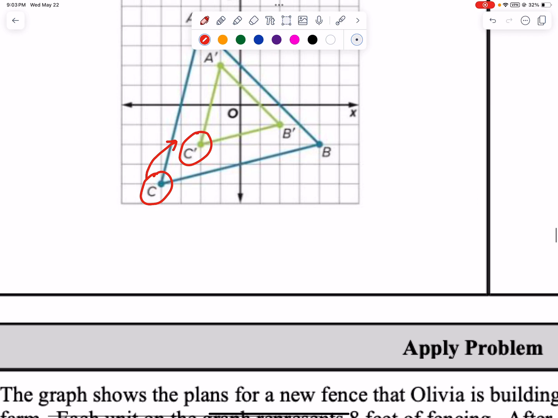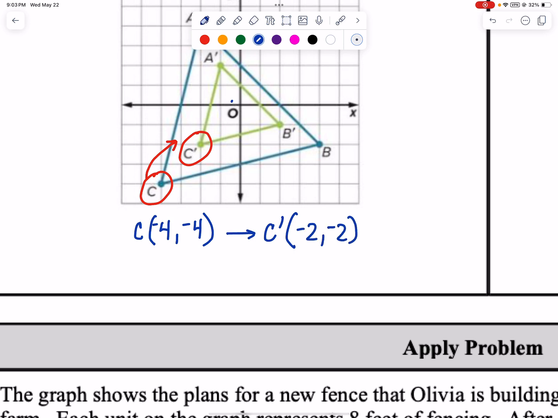So let's go ahead and look at the pre-image. So I'm going to do this in blue. So the pre-image C is ordered pair 1, 2, 3, 4, and 1, 2, 3, 4. So 4, negative 4, negative 4. And then we go to C prime. And what's that? It's negative 2, negative 2.